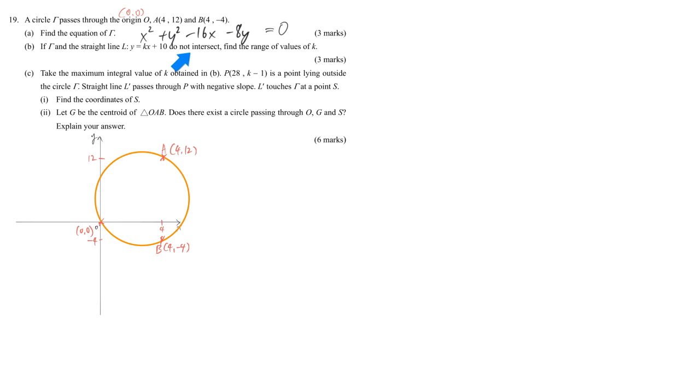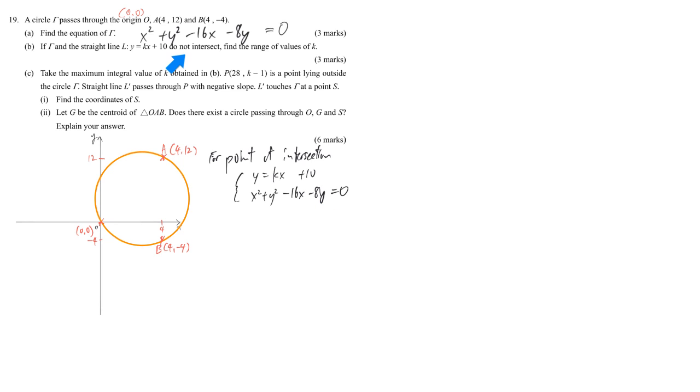We talk about not intersecting, that means we are focusing on the point of intersection. A point of intersection fulfills the first requirement, the straight line, and at the same time fulfills the second requirement about the circle. So we are solving simultaneous equations. We are going to substitute y with kx plus 10 here, and then we figure that there will be a quadratic equation.